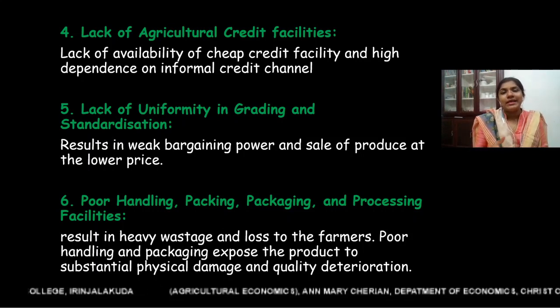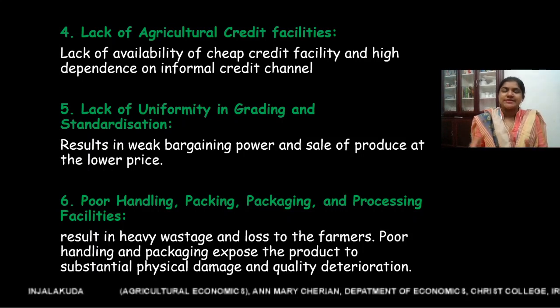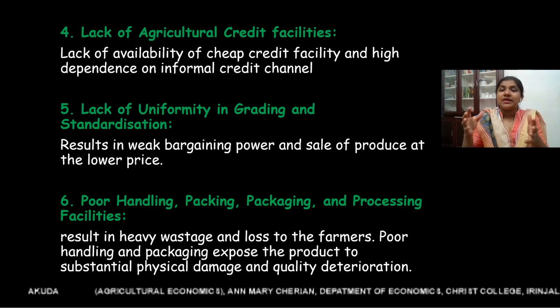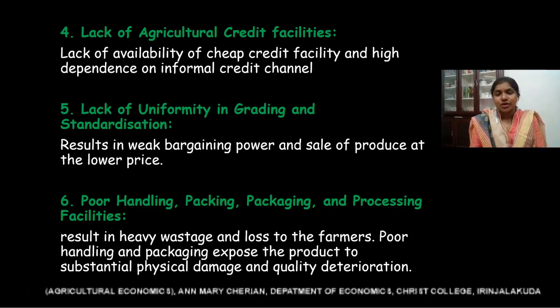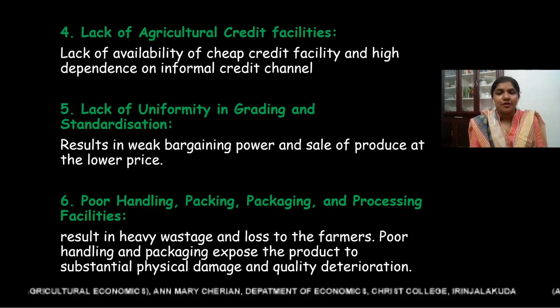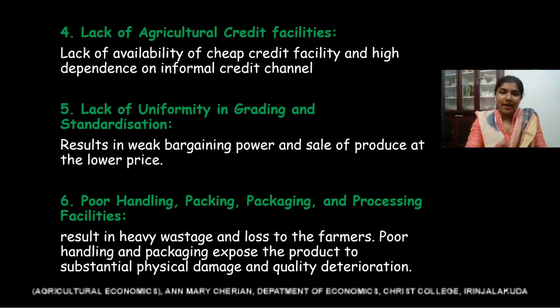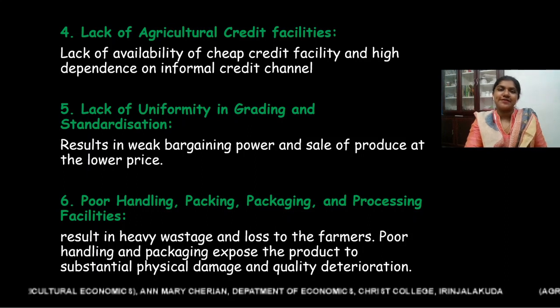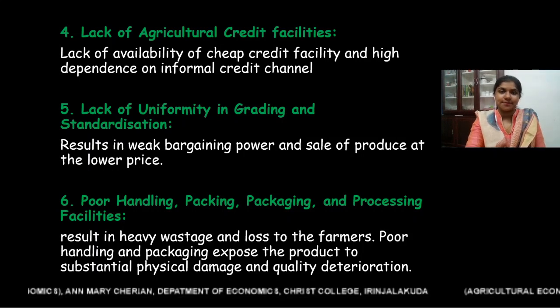So, poor handling and packaging expose the product to substantial loss and wastage, and it also deteriorates the quality of agricultural products. So, farmers are facing heavy losses. So, here, the profit margin of the farmers has been reduced. Poor handling, packing, packaging, and processing facility is yet another important issue faced by Indian agricultural marketing.